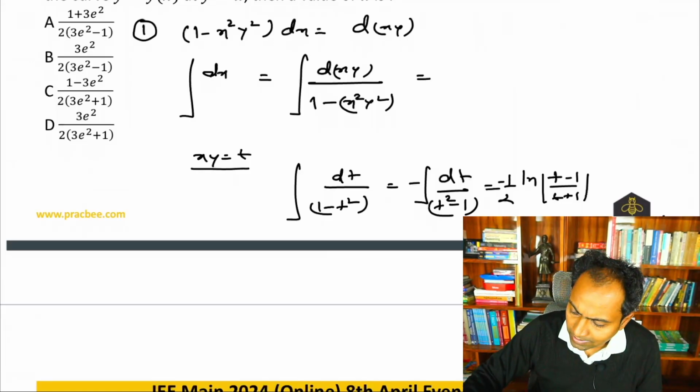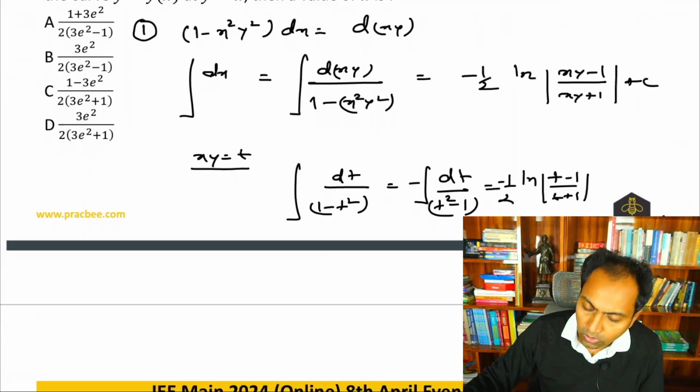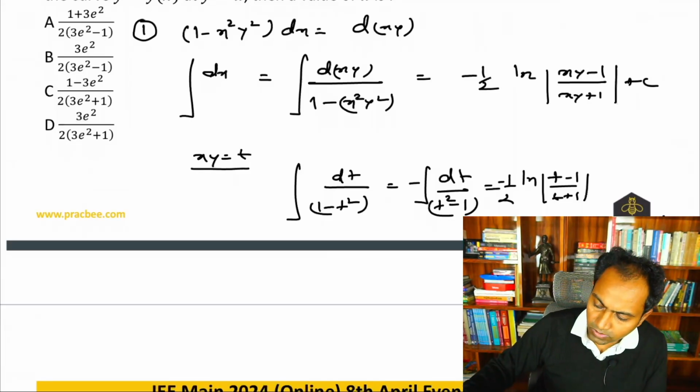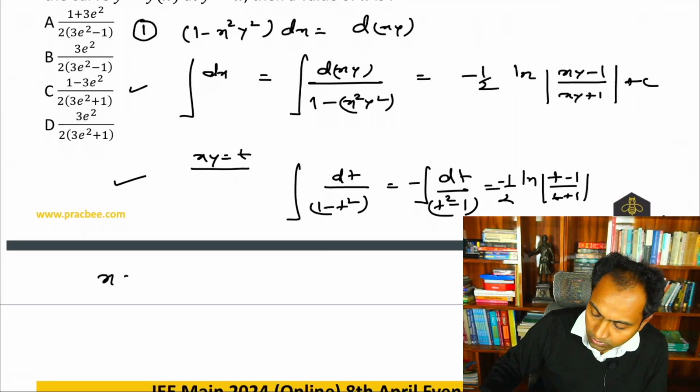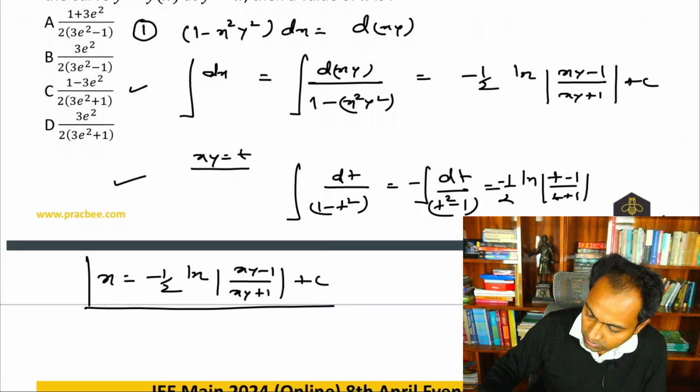So you can directly write this integral as nothing but minus 1 by 2, same thing, but we are directly applying the formula, xy minus 1 by xy plus 1. So psychologically we are assuming the same thing. Rest everything is fine. And also we could have integrated on the left side. So whatever is feasible. If this is feasible, do this. If this is feasible, do this. So x will be equal to minus 1 by 2 log of modulus xy minus 1 by xy plus 1 plus c. So this is the solution of the differential equation.